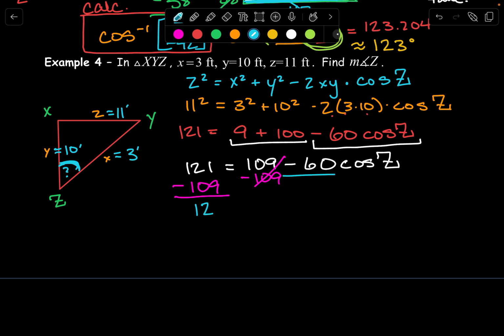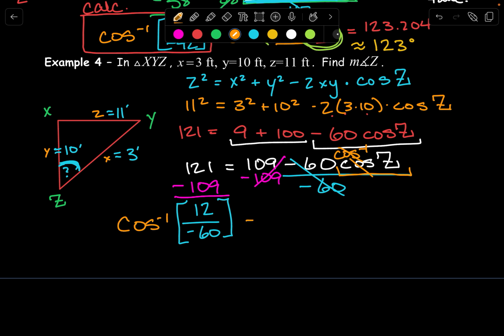I'm going to divide next by negative 60. And then the final thing I need to do, I need to get rid of this cosine. So I'm going to find the inverse cosine so that that will cancel out. And so what I've got is the inverse cosine of 12 over negative 60 equals z.